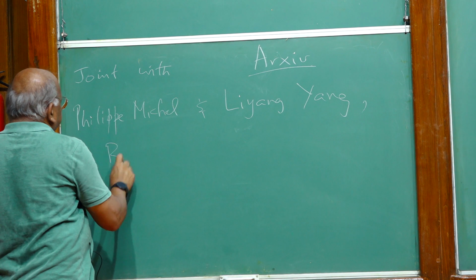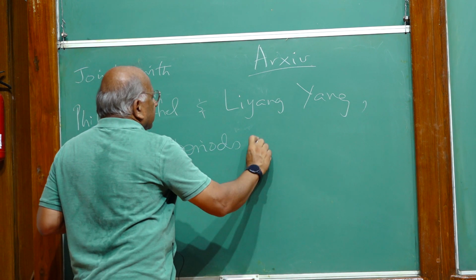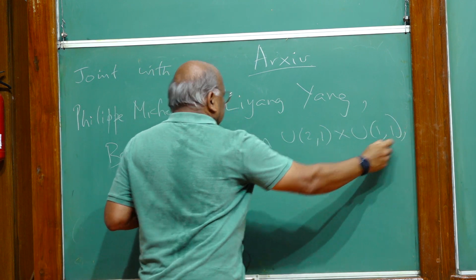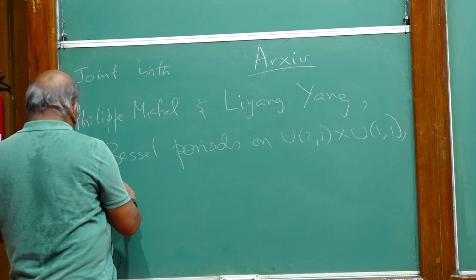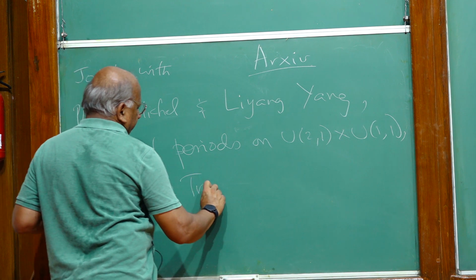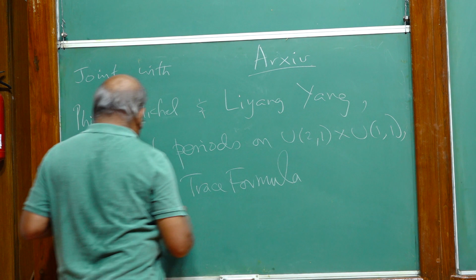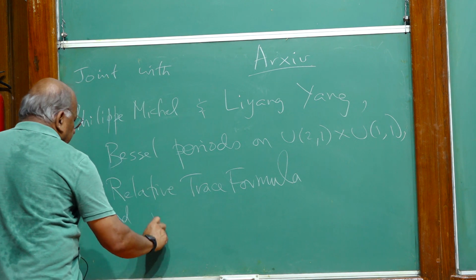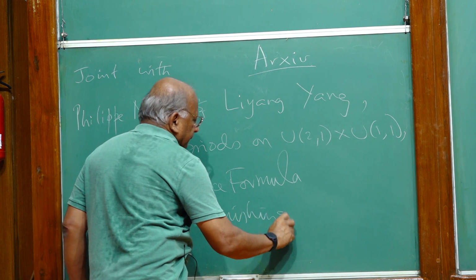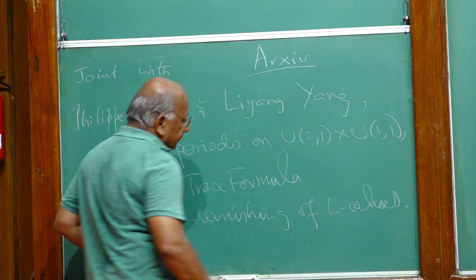It's called Bessel Periods on U(2,1) cross U(1,1), and Relative Trace Formula and Non-vanishing of L-values.